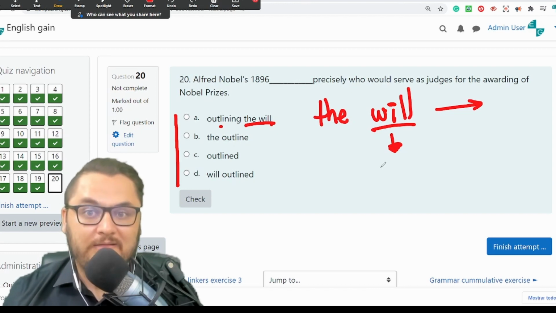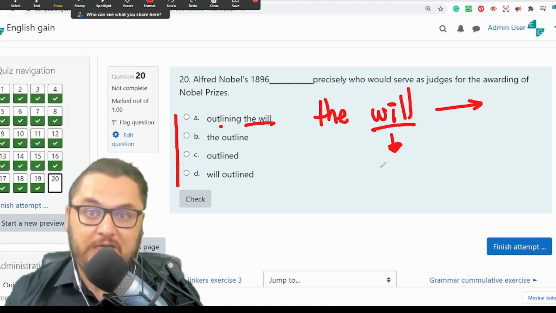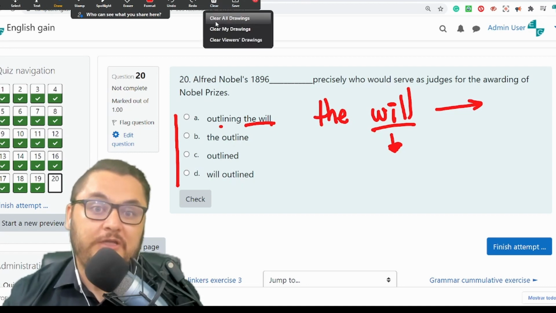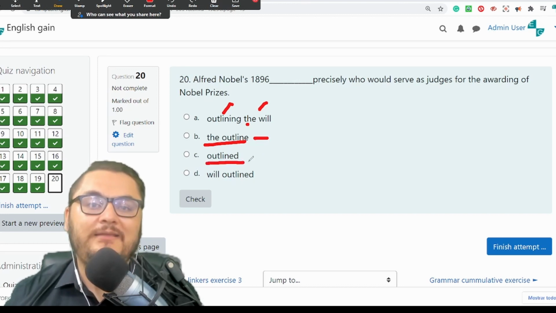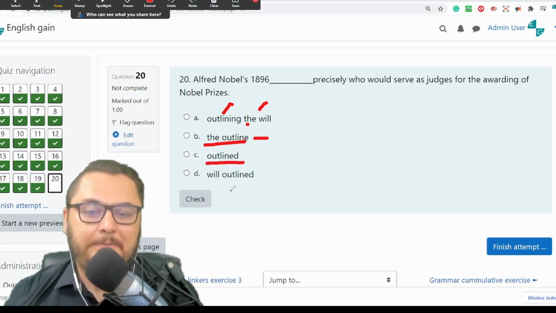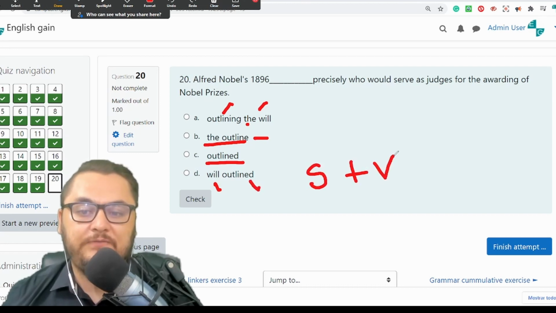The will is something people receive after someone has died and has left possessions. And then this is going to be a different word. So, outlining the will, this is an adjective and a noun. The outline is another noun or subject. Outlined is an adjective, but here will is the subject and outline is the verb.